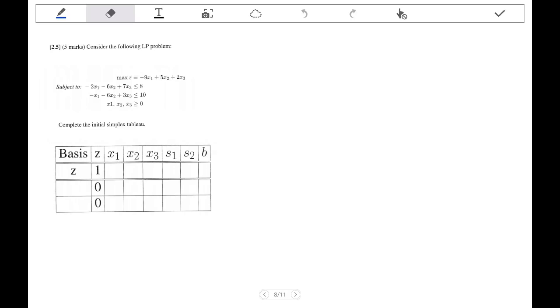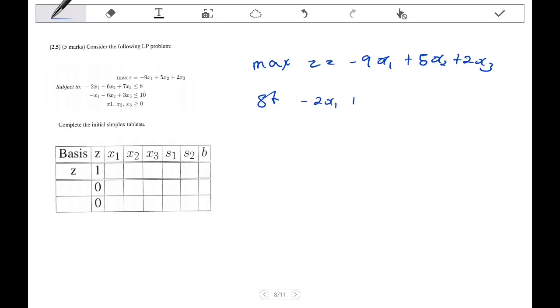So the first thing that you have to do here, you can write this problem in a standard form. So to write this problem in a standard form, you're going to do what we did last. You just max z is equal to minus 9 x1 plus 5 x2 plus 2 x3, and then subject to minus 2 x1 plus minus 6 x2 plus 7 x3.